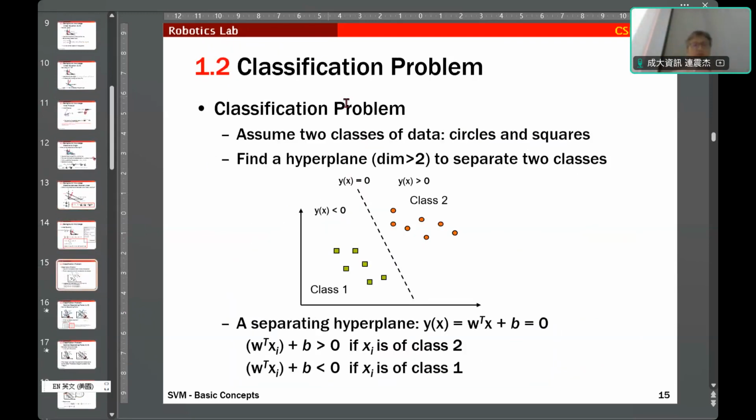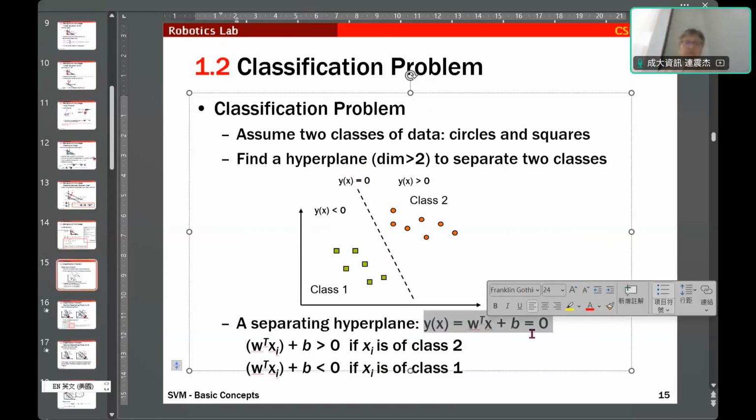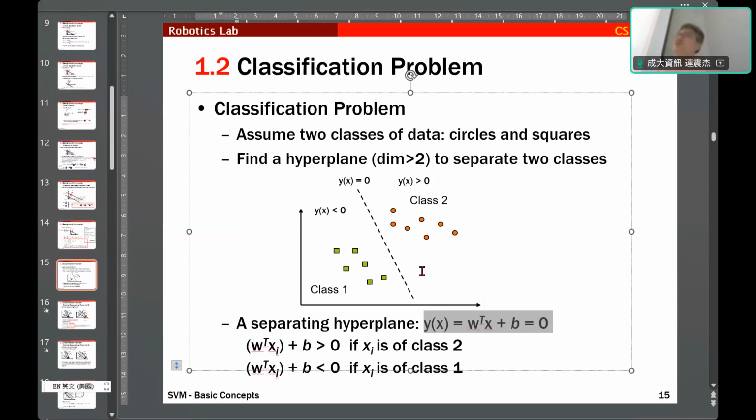1.2 is where we apply that result to classification. For classification, this is class 1 and this is class 2. Assume class 1 is on the negative side, and this is the negative side and this is the positive side.